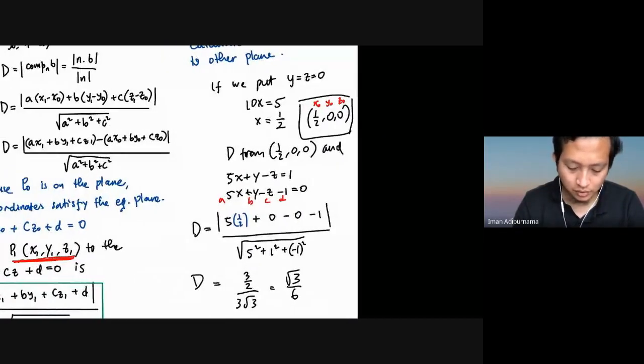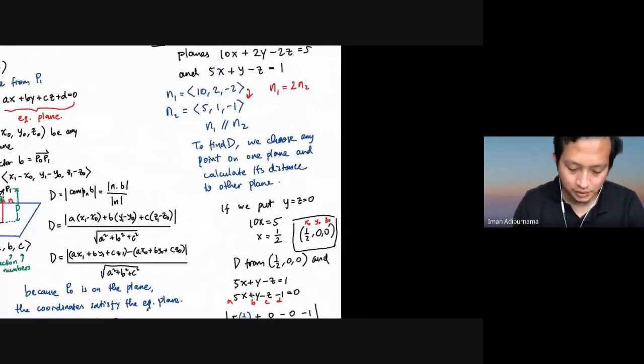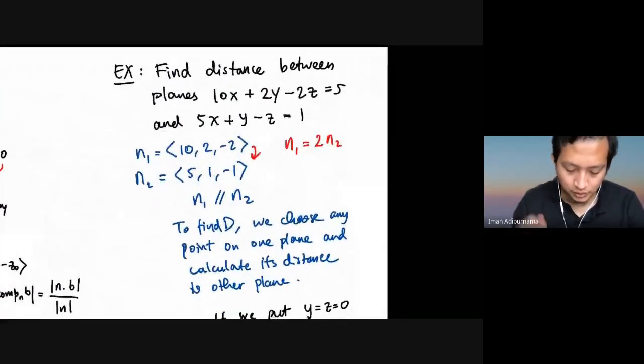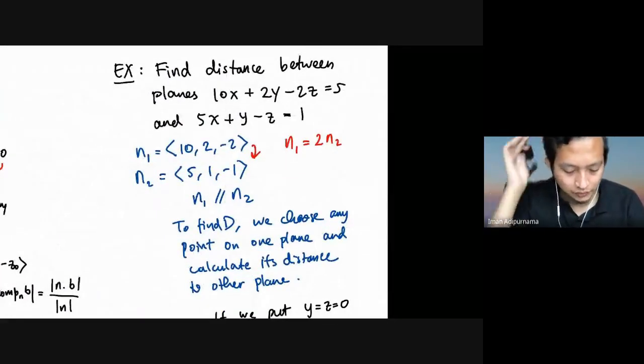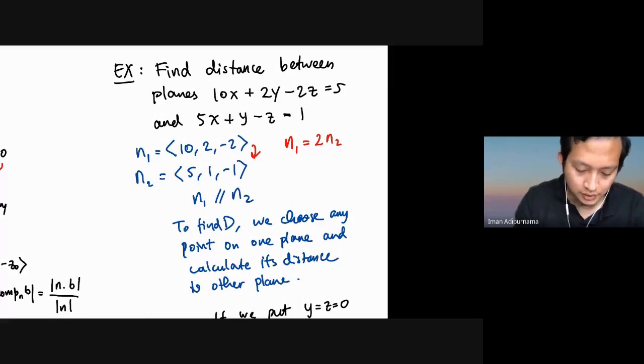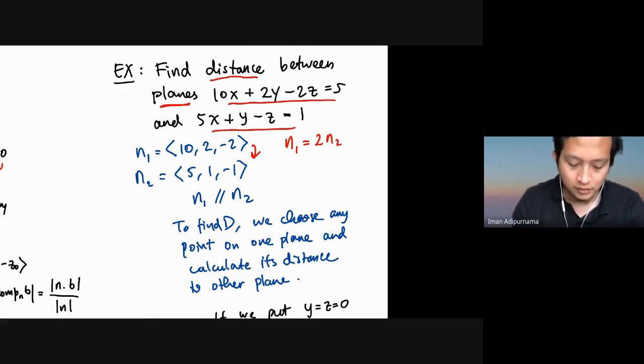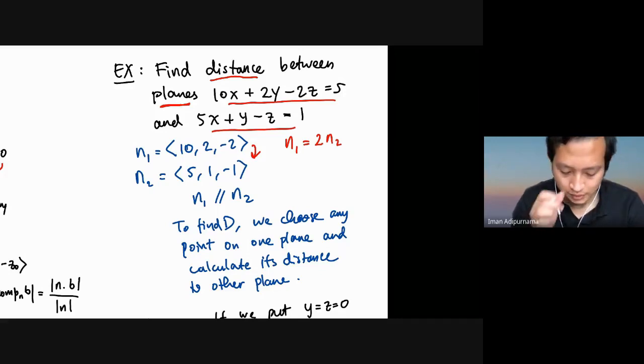Let me give you a guidance here. If the question is asking for the distance between planes, the first plane is this, the second plane is this. The first thing you need to do is choose any point on one plane.